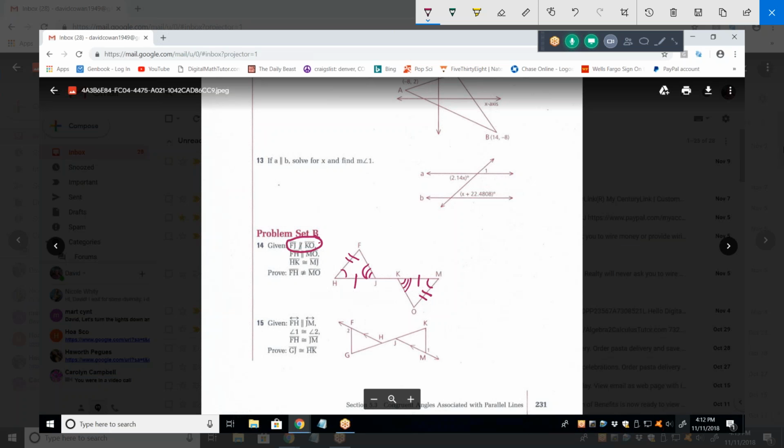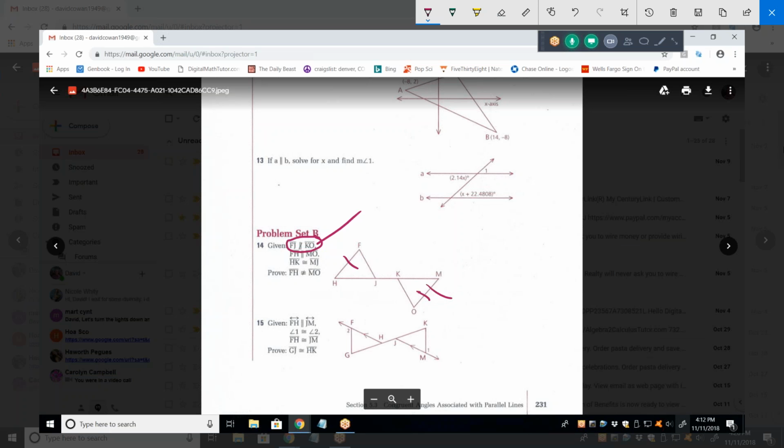So when they tell us this, it absolutely means that those two triangles are not congruent. And if they are not congruent, then FH cannot be equal to MO.